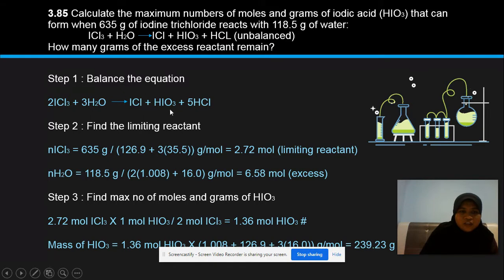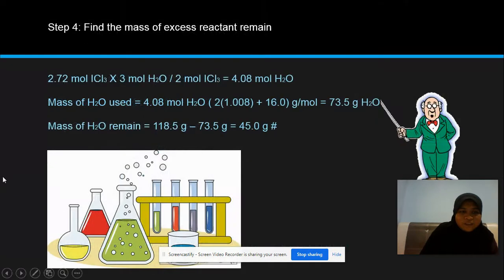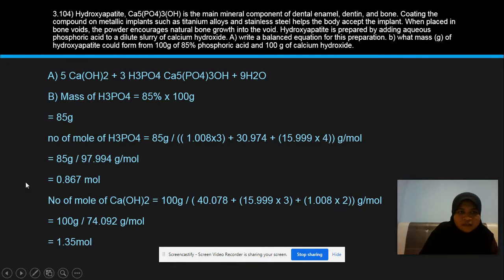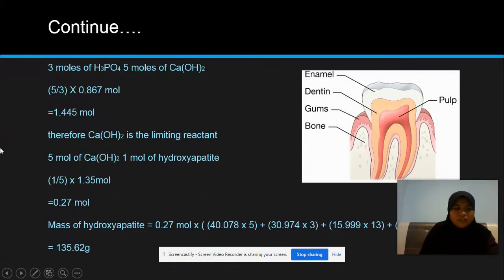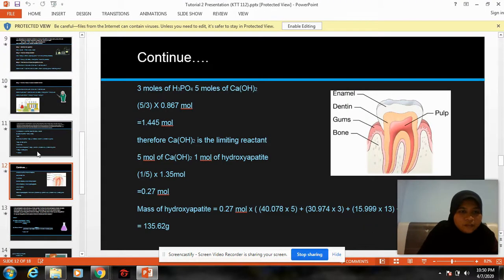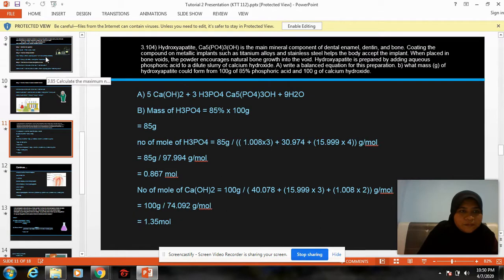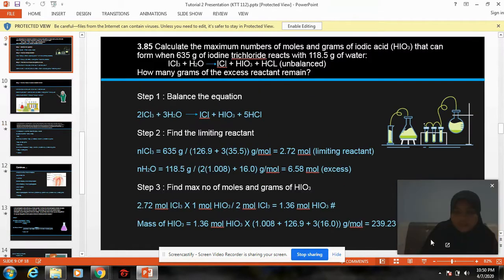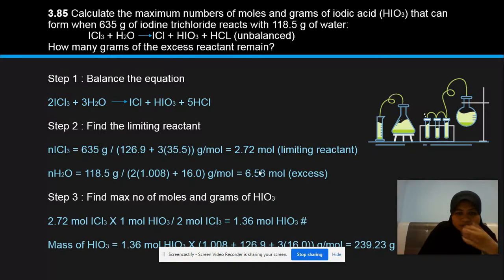The number of mole of ICl3 we times with 1 mole of HIO3 over 2 mole of ICl3.